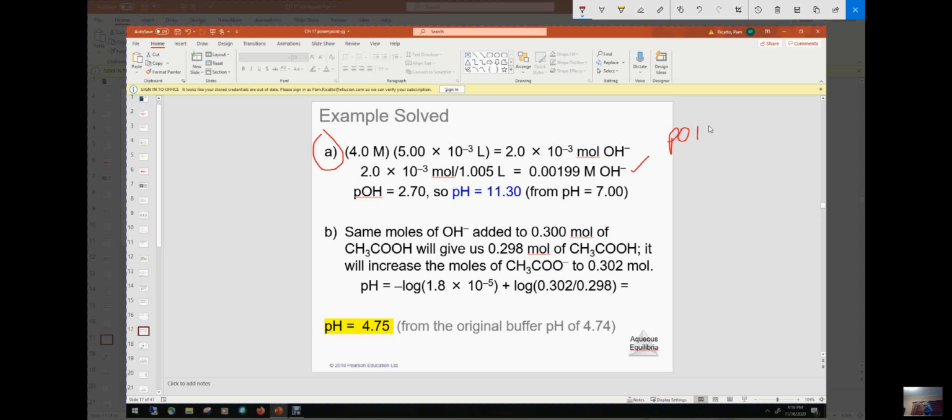pOH is just minus the log base 10 of the OH minus concentration. So if I take a log of this, I'm going to get negative 2.7.